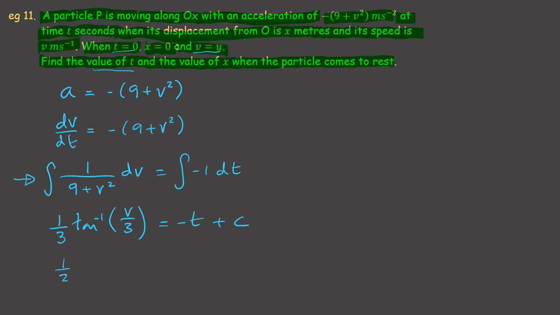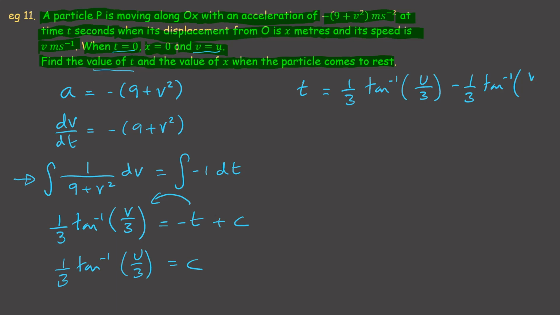Therefore, 1/3 inverse tan u upon 3 is equal to c. And therefore, t, just taking this onto the other side, is going to be equal to 1/3 inverse tangent of u upon 3, take away 1/3 inverse tan of v upon 3.